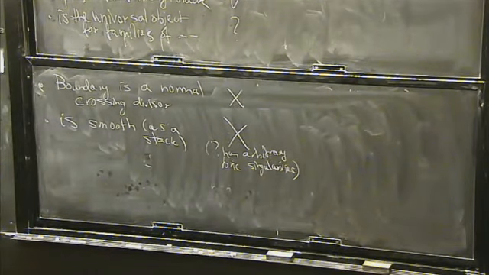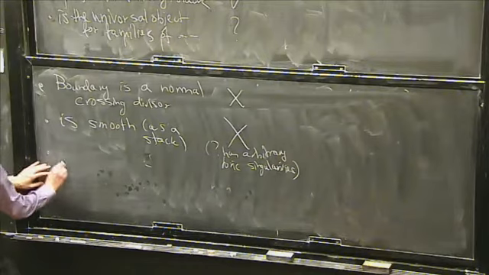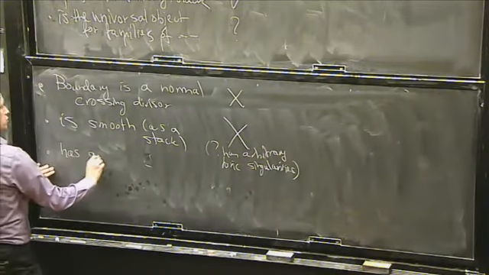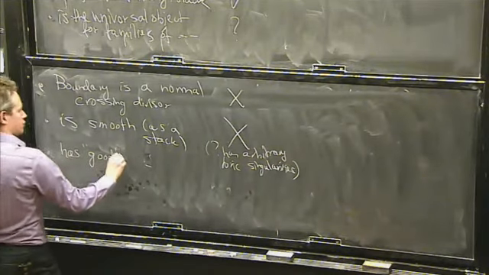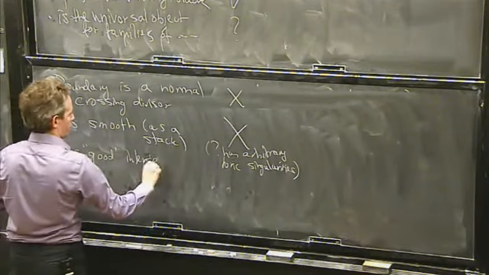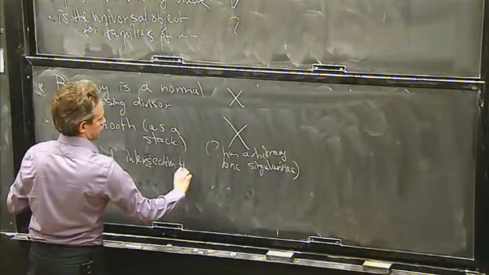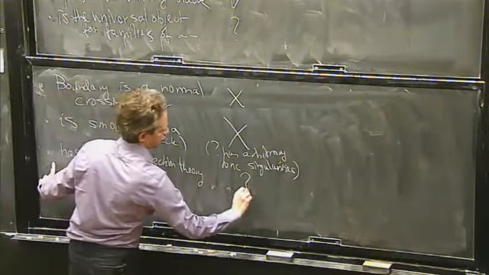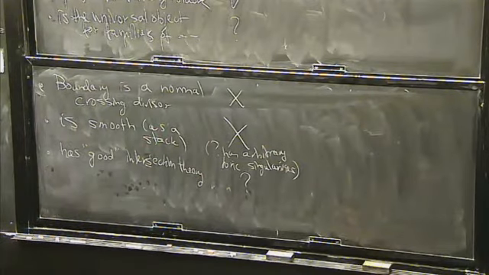Because what this means is there is no hope for you to do, say, intersection theory. So you want it to have good intersection theory. And of course, it can happen to have it without being smooth, but there is no guarantee.